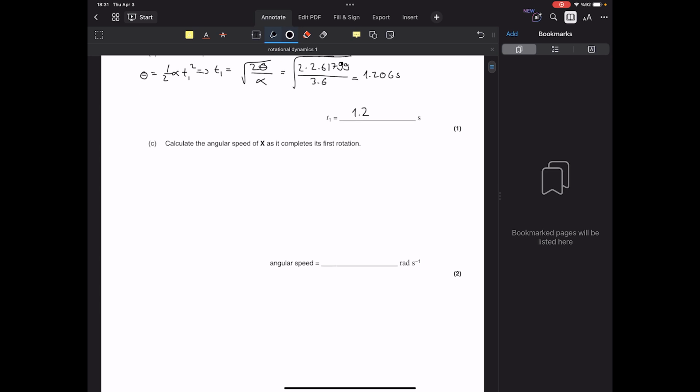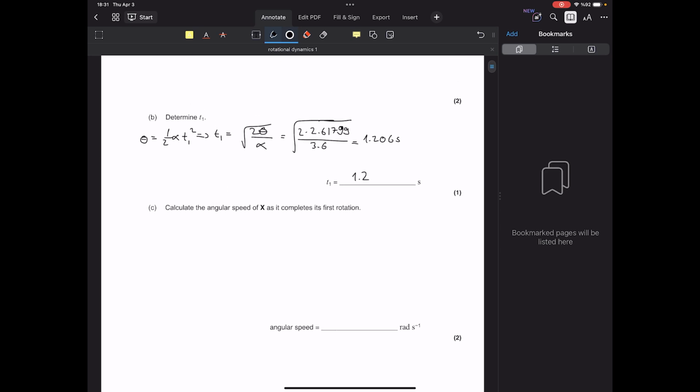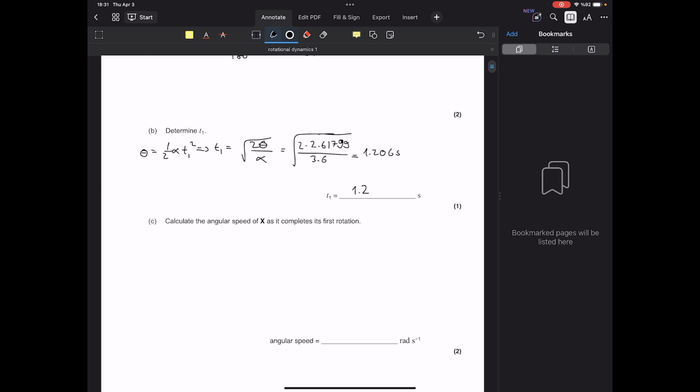Now we need to find the angular speed of X as it completes its first rotation. Here we could figure it out using time. You can find the time it takes to complete a 2 pi radian rotation, and then plug that time into omega equals alpha t, which would give you omega. But I'm going to use the timeless formula.